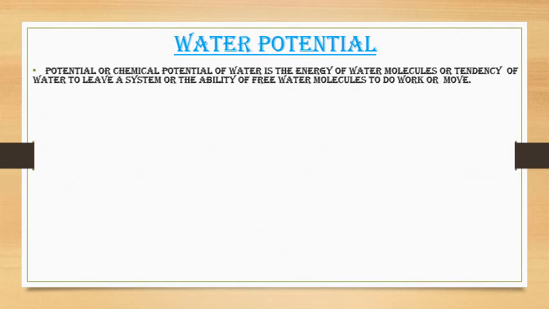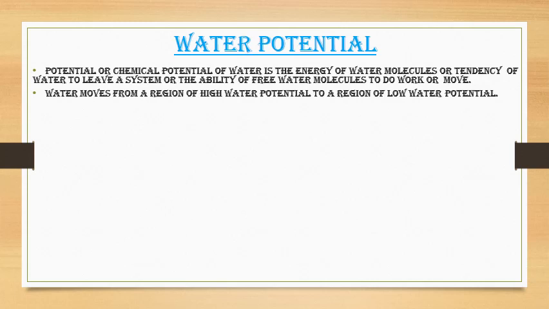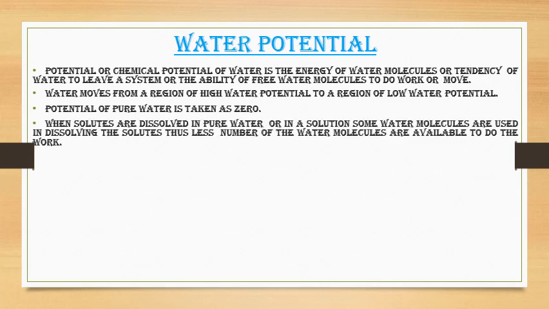So water potential, or chemical potential of water, is the energy of water molecules, or the tendency of water to leave a system, or the ability of free water molecules to do work or move. Water moves from a region of higher water potential to a region of lower water potential. Potential of pure water is taken as zero.